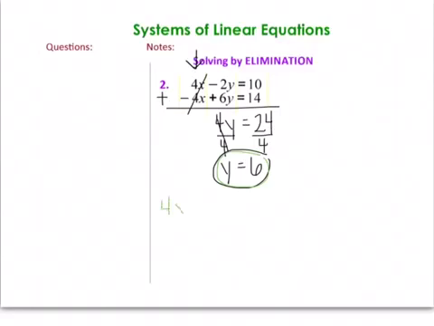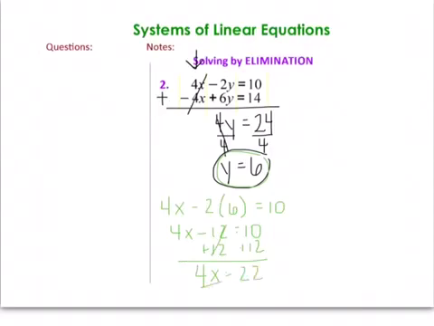I have 4x minus 2y, but instead of a y, I'm going to put a 6 in there, equals 10. So 4x minus 12 equals 10. Add 12 to both sides, and 4x equals 22. Divide both sides by 4, and you get that x equals 5.5.